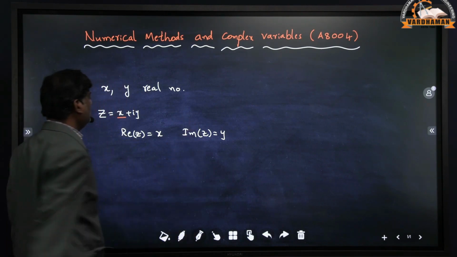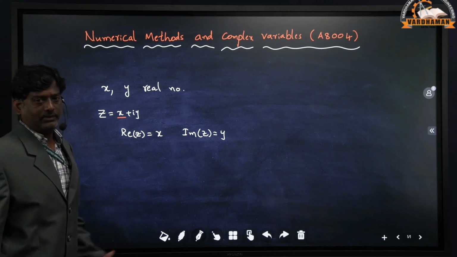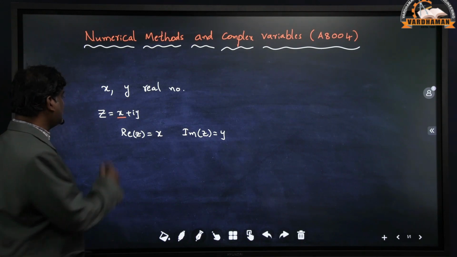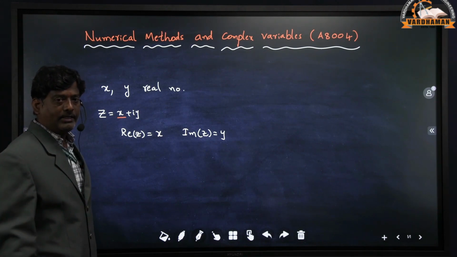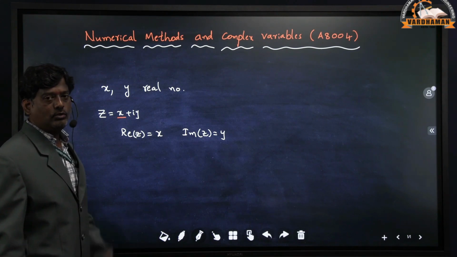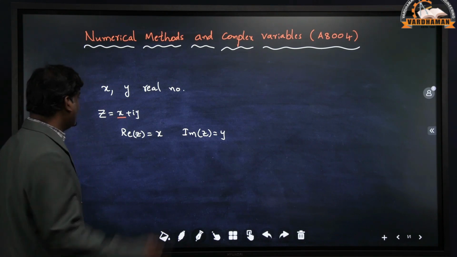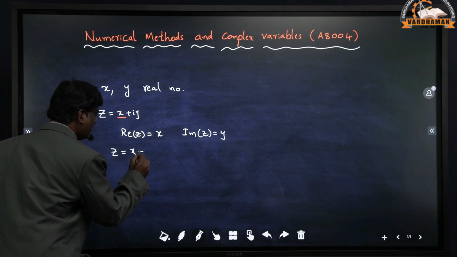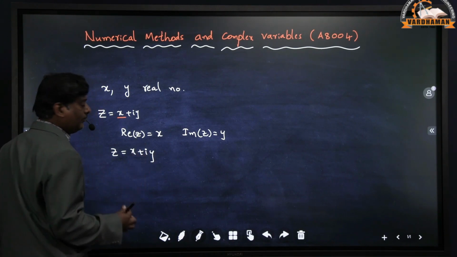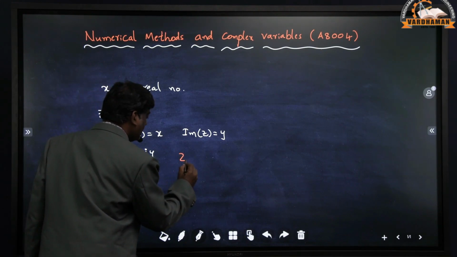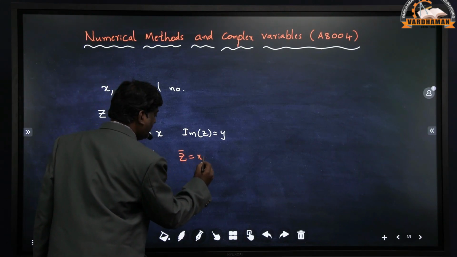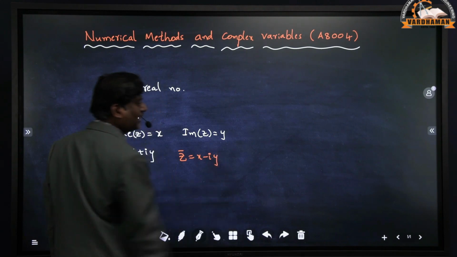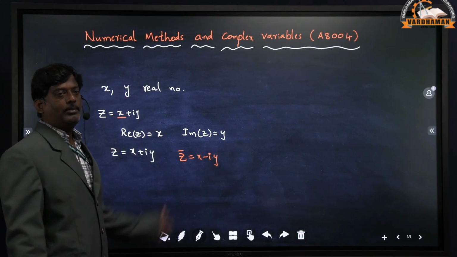Now how can you identify the real part of z, that is x in terms of z? If I would like to write x in terms of z, I need to know the complex conjugate. Suppose z is equal to x plus iy is a complex number, a complex variable, then z bar is equal to x minus iy, which is called the complex conjugate.